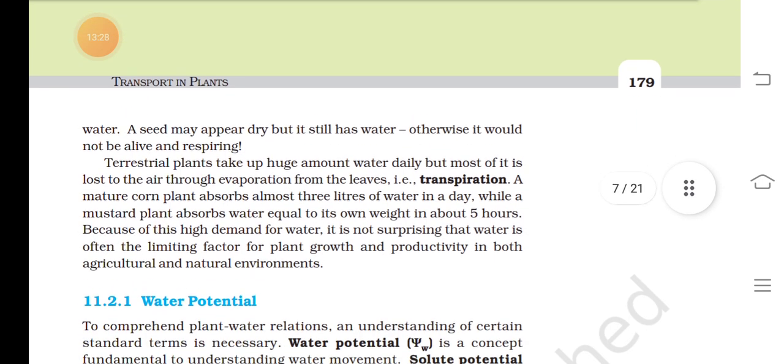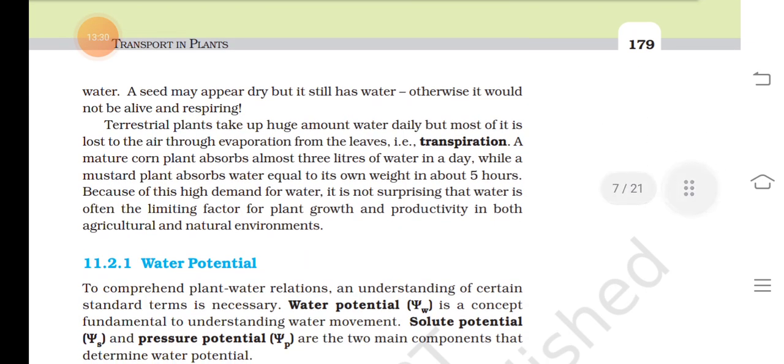A seed may appear dry, but it still has water. Otherwise, it would not be alive and respiring. Terrestrial plants take up huge amounts of water daily, but most of it is lost to the air through evaporation from the leaves, that is transpiration.